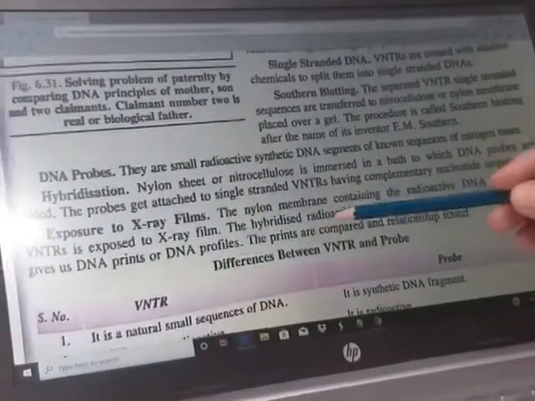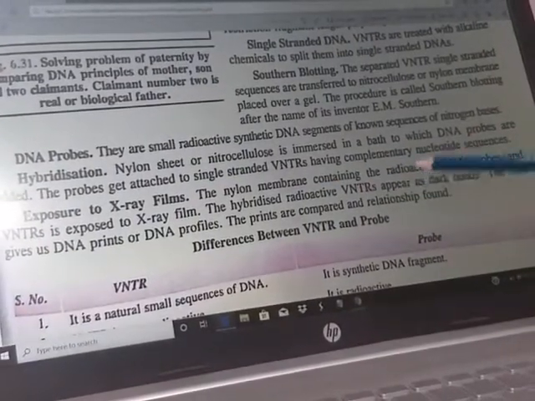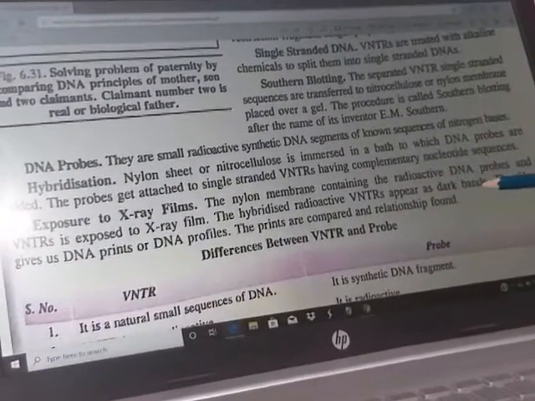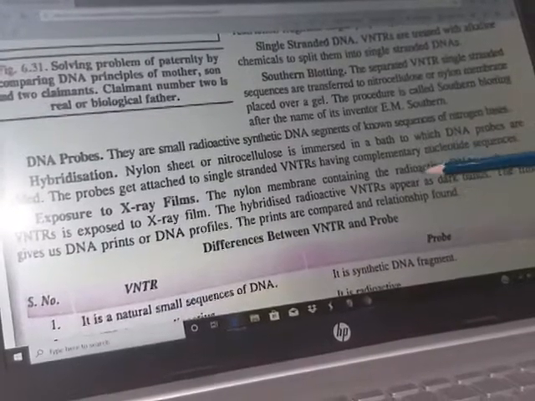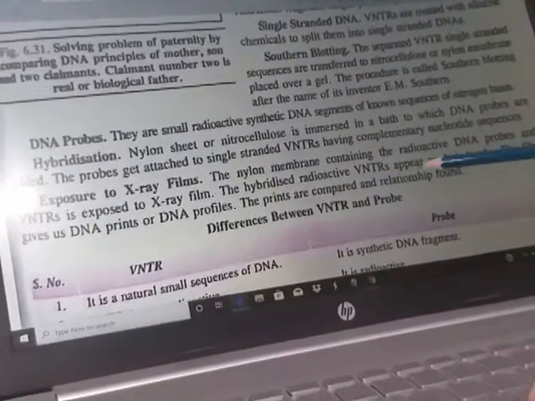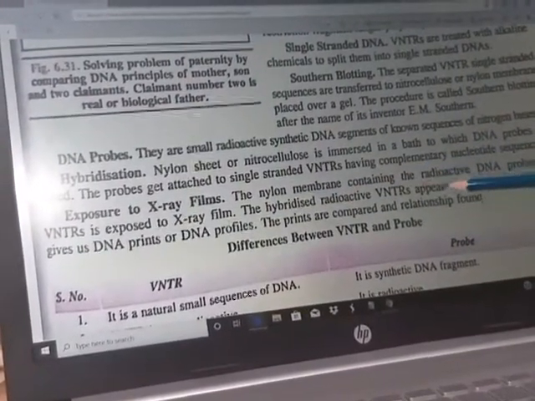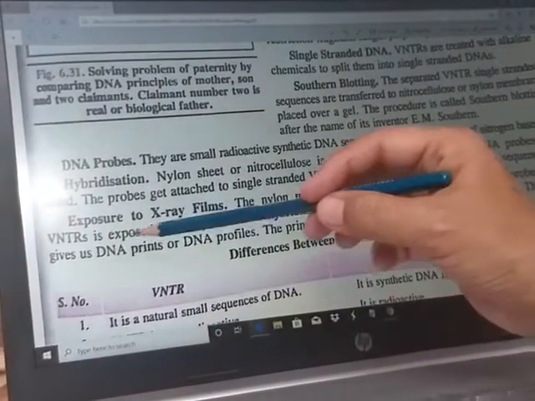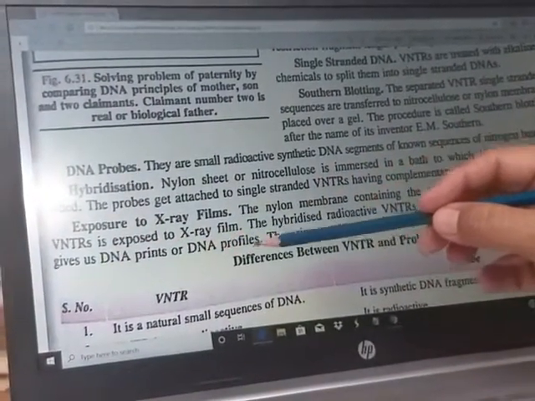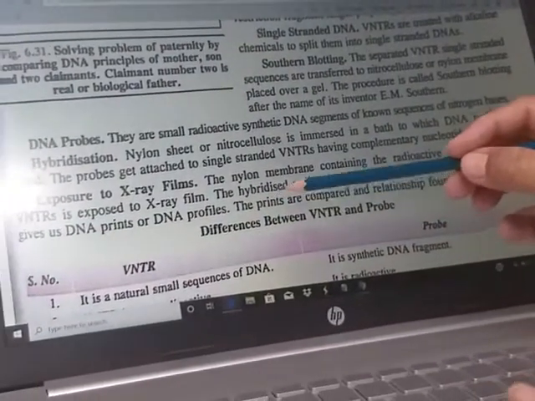The hybridized radioactive VNTRs appear as dark bands. So we can see the dark bands. Students, I have already shown you in the beginning certain bands, and these hybridized radioactive VNTRs appear as dark bands. The film gives us DNA prints or DNA profiles, meaning we get a sequence of bands which are unique.